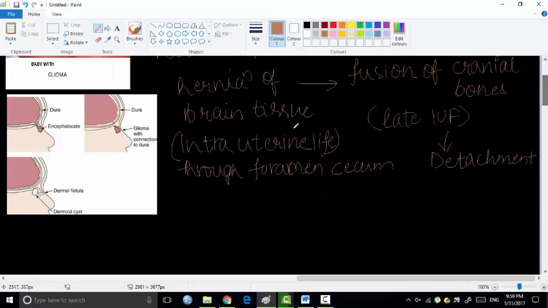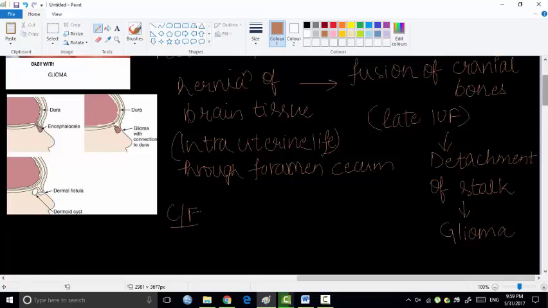So if you see, there is detachment of stalk resulting in glioma, which you can see here. Here there is no stalk and there is fusion of bone which has occurred, and this has led to glioma.